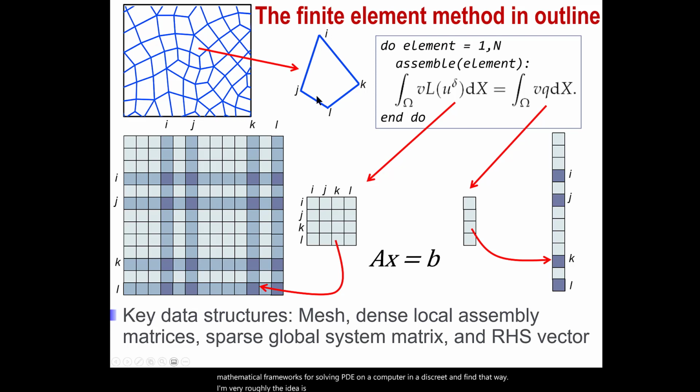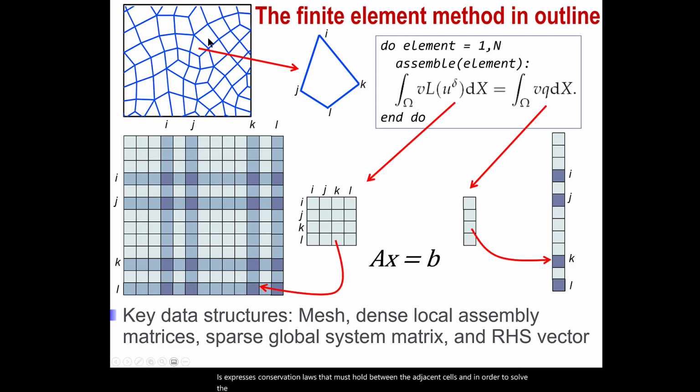Very roughly, the idea is that we've got some PDE that tells us about the behavior of a continuum. To solve it on a computer, we have to find a way to divide the continuum up with some kind of grid. In this case, it's an unstructured quad grid. And what the PDE basically does is expresses conservation laws that must hold between the adjacent cells.